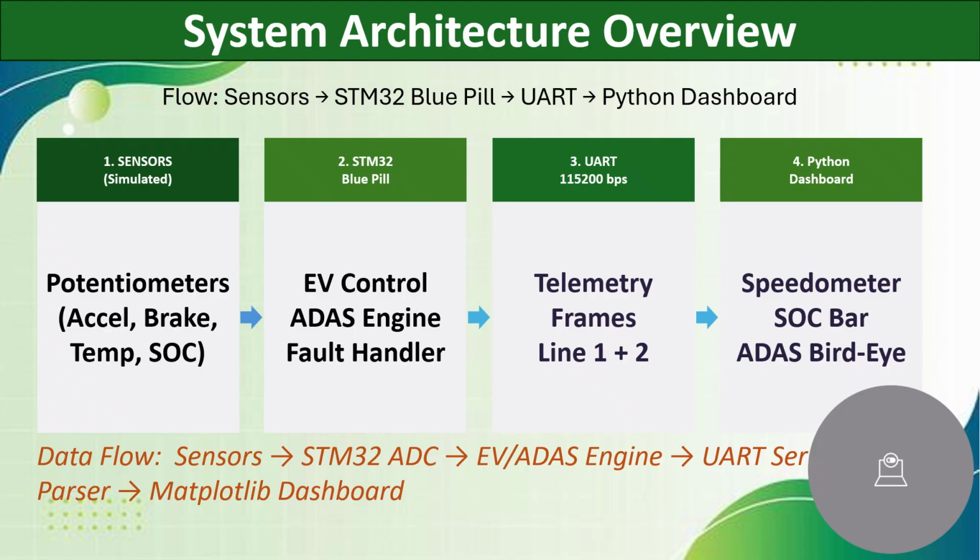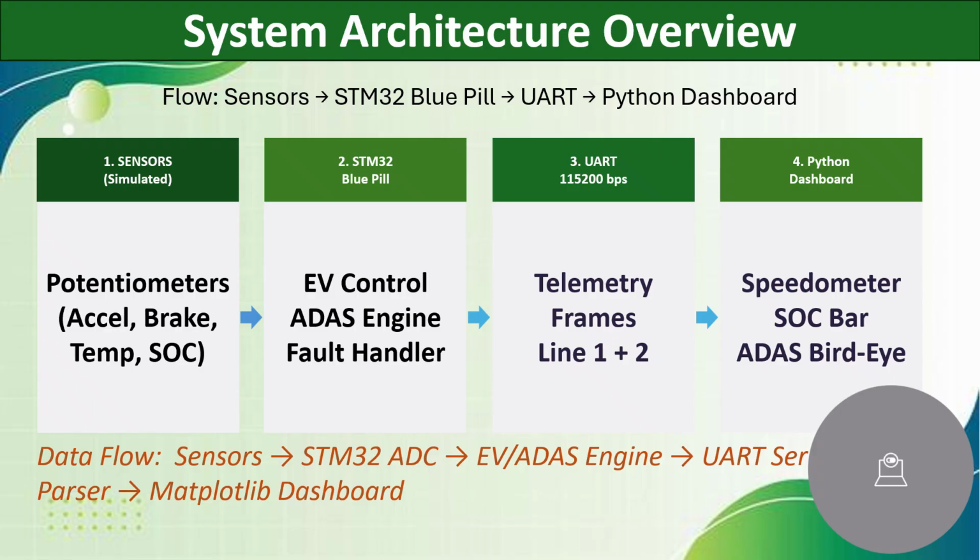Second, we have the STM32 Blue Pill. In this, we created the EV controller and ADAS engine fault handler. Third is the UART, the serial communication, that is the Universal Asynchronous Receiver and Transmitter, with a fixed value of 115,200 bps.